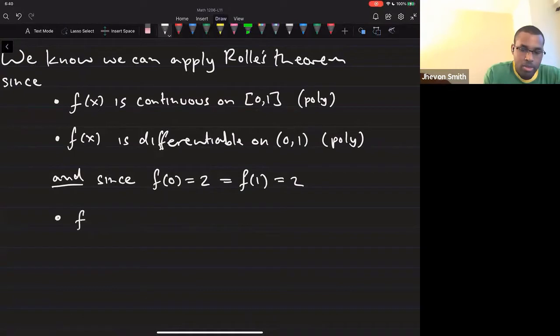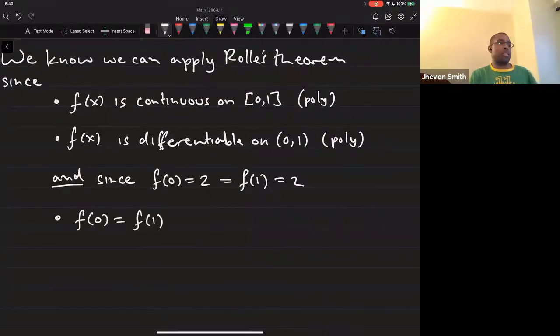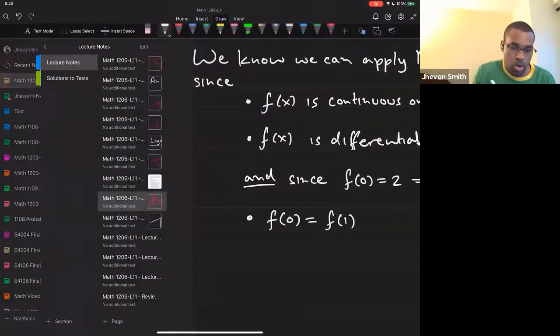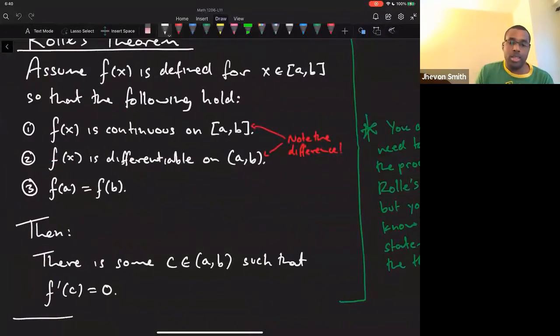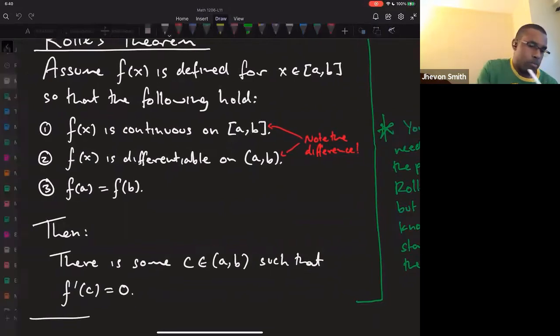So we have that f of 0 equals f of 1, right? So that's the requirement, that f of a equals f of b. So these were the 3 requirements for Rolle's theorem. It's continuous on the closed interval a, b. It is differentiable on the open interval a, b, and f of a equals f of b.